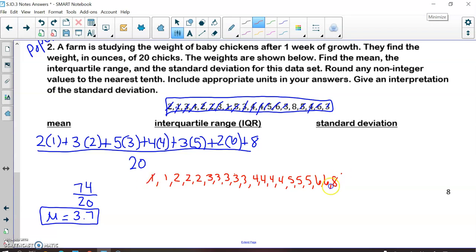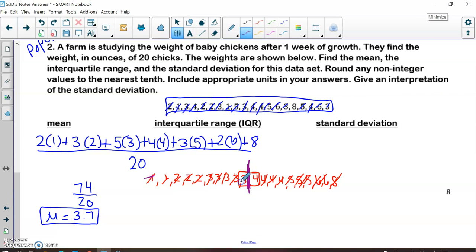So starting from the outer ones and working my way in, I wind up with my median being in between 3 and 4, so my median falls here.